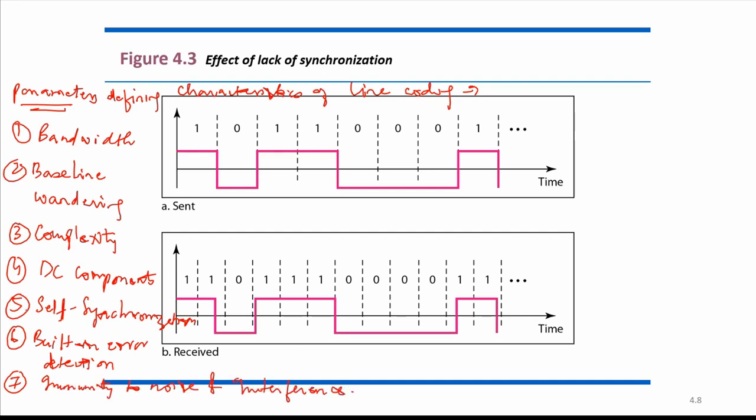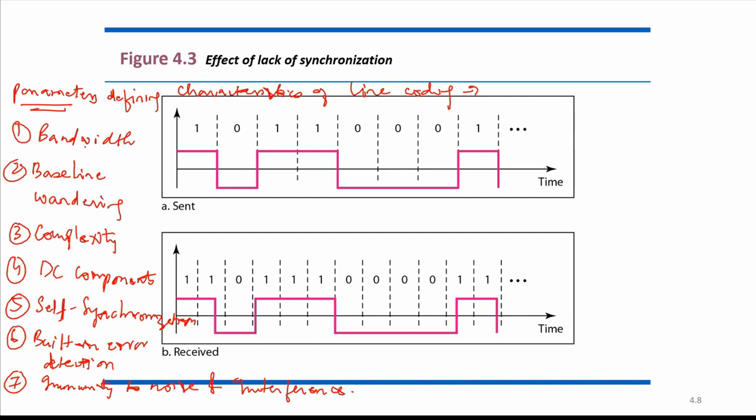These are the 7 different parameters that will be defining whether a particular line encoding technique is good or not, or out of these parameters, which parameters are good and which are bad. So these parameters will be key to identify the characteristics of different line codings.